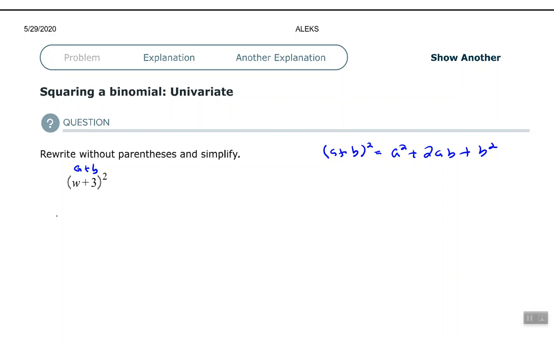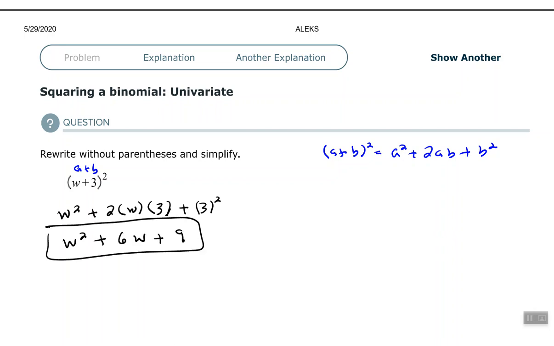So again, the first term squared plus 2 times the terms. So 2 times w times 3. And again, you don't have to worry about the signs. The signs are taken care of in the formula. Plus the last term squared, or 3 squared. So w squared plus 6w plus 9.